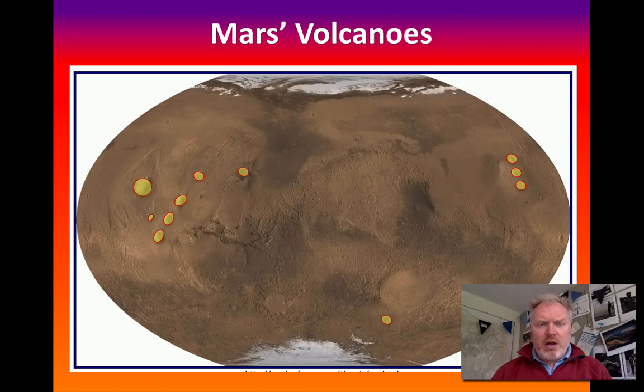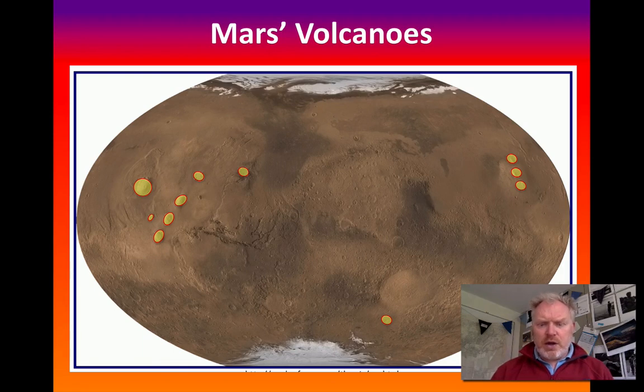But the fact that these volcanoes are recognizable, even when we're looking at a map of the whole planet like this, shows us something about the size of these volcanoes. Clearly, they're much bigger than any we find here on Earth. Not only that, the numbers of them are also very different.